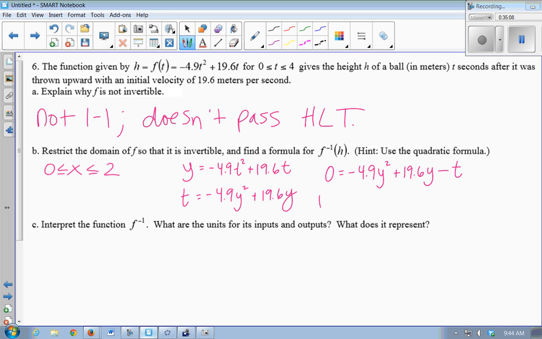So y is going to be negative b plus or minus the square root of b squared minus 4 times a times c, all over 2a. And then you can simplify that by yourself, but that's the inverse function.